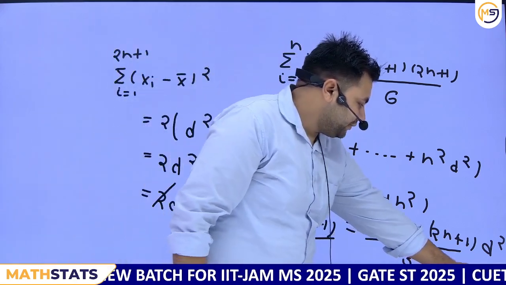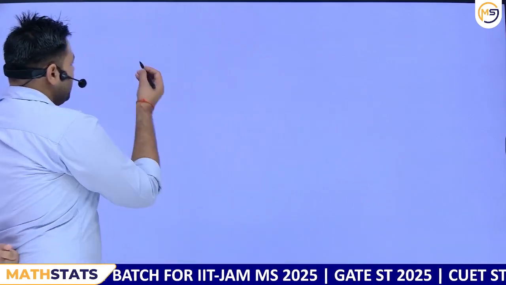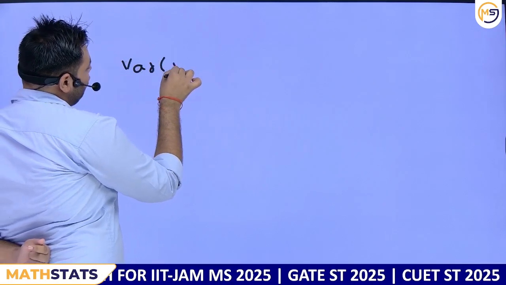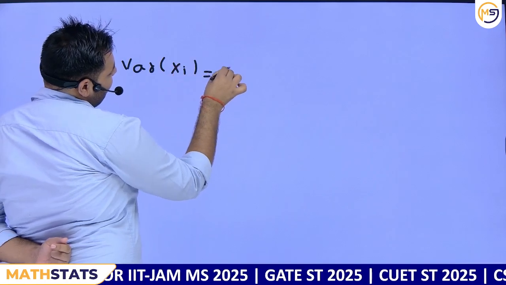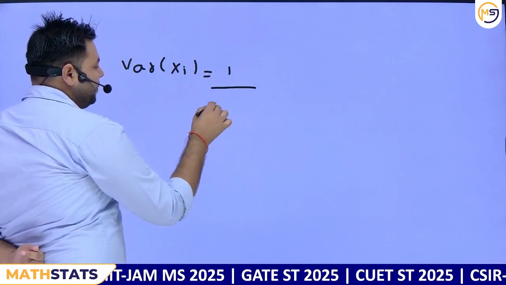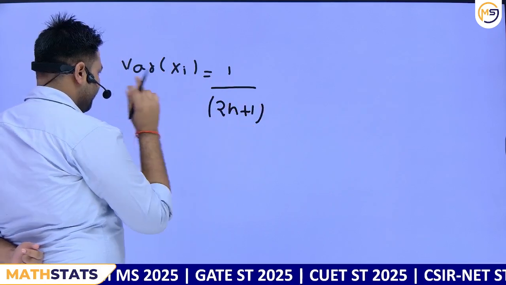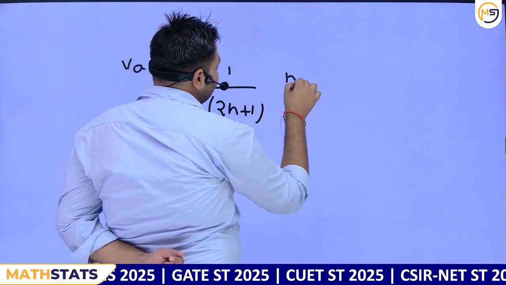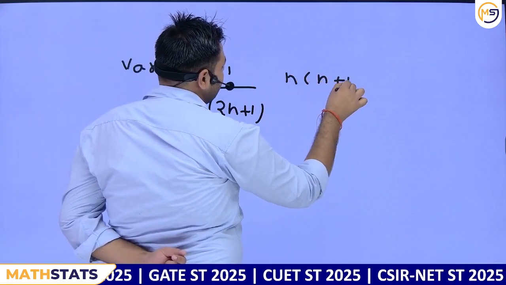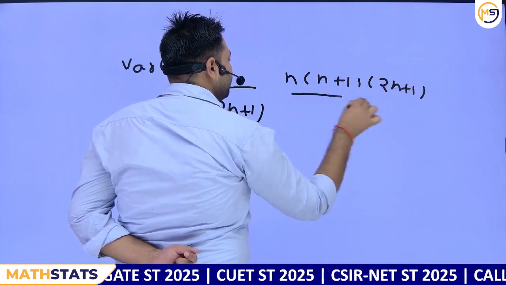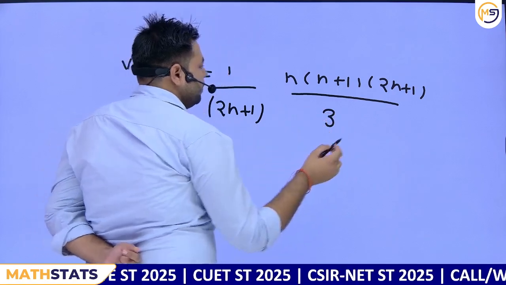Now, what is variance? So variance of xi equal to, how many terms are here? 2n plus 1, so 2n plus 1, okay. Now what is the value of the summation? This we will get n plus 1 into 2n plus 1 by 3 d square.